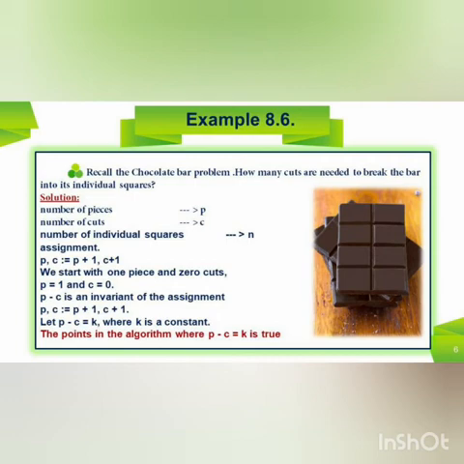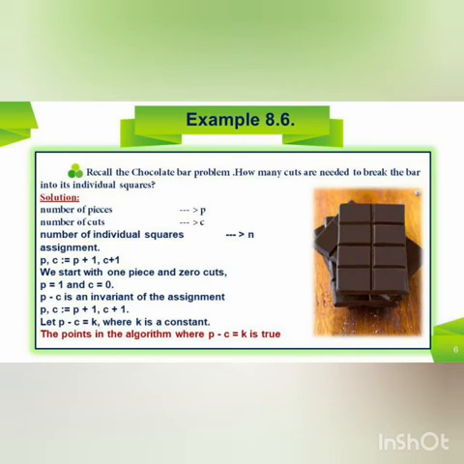Now, we start with 1 piece and 0 cuts. So, p = 1 and c = 0 at the initial stage. Initially we have 1 chocolate bar and no cut.